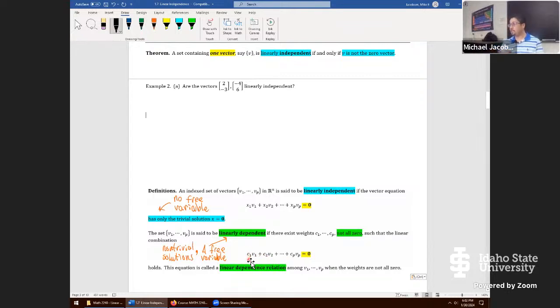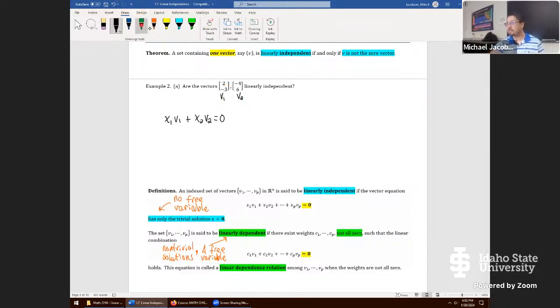The scalars are irrelevant, however you'd like to name them, and x's just make sense. Let's call this v1 and v2. So the system is x1 v1 plus x2 v2 equals a zero vector. So this is the thing we're considering, but we made an important observation even before that. We noticed you could double v1 to get v2.